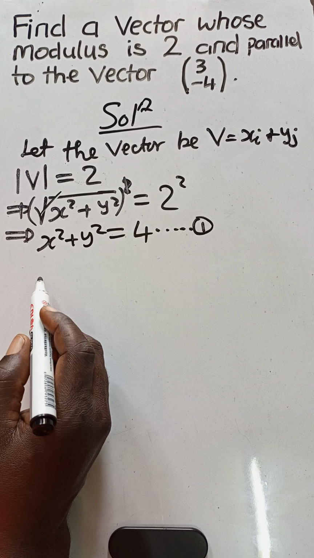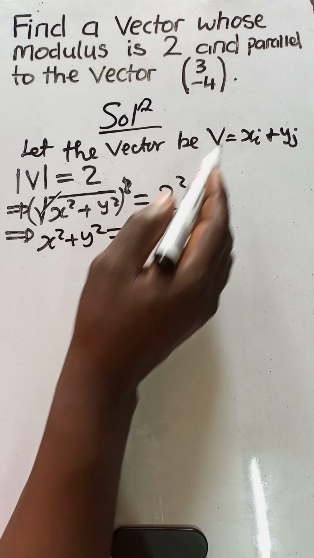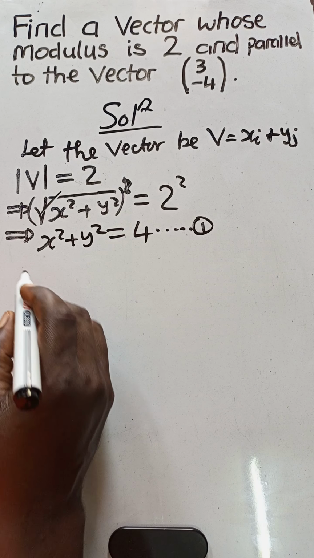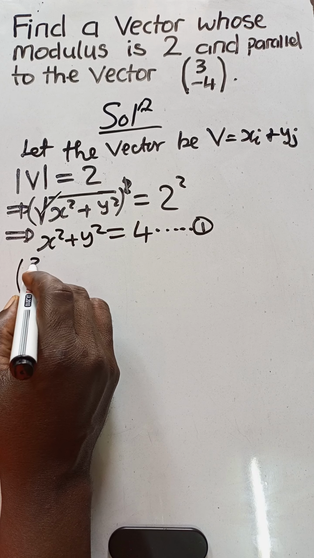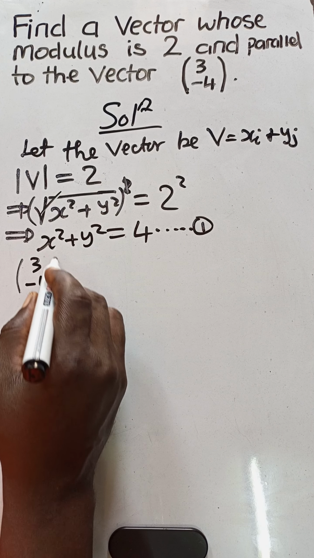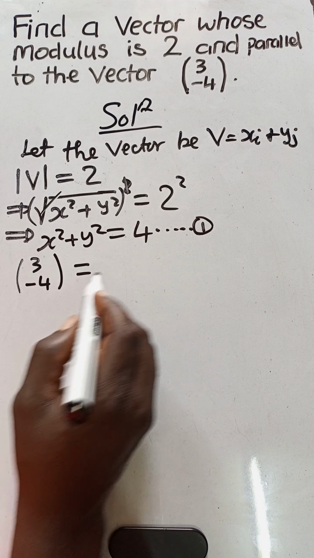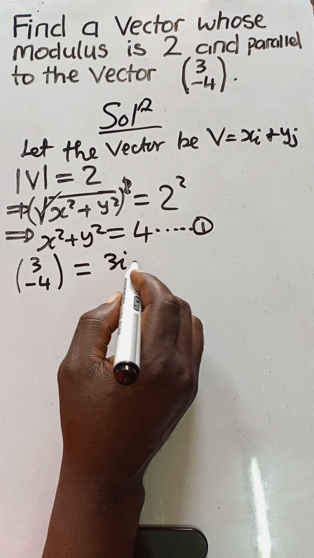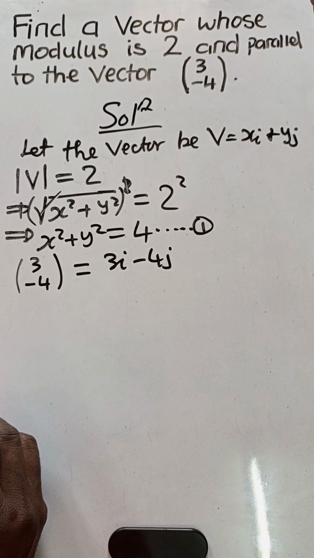Let's explore the second piece of information. We are told that the same vector v is parallel to this other vector (3, -4). Remember, one of the ways of representing vectors is by using matrices. So this vector can also be written using the i and j components as 3i minus 4j. You should remember that.